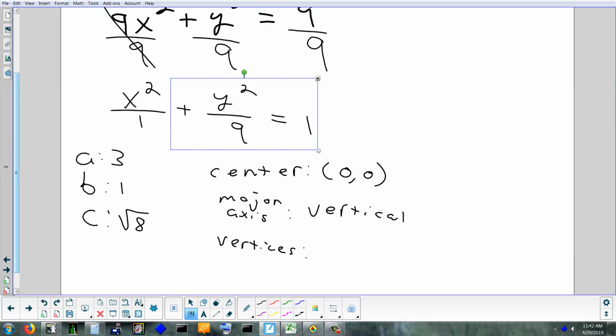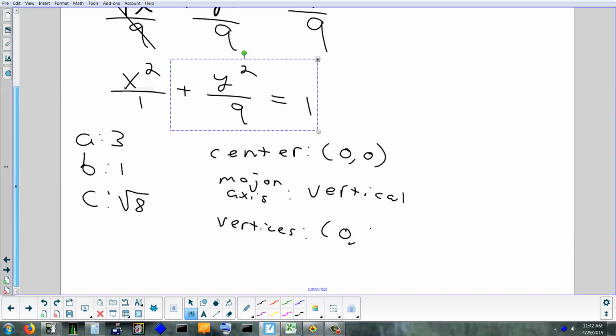From the origin, go 3 units. That would be left and right if the major axis was horizontal. Here it's up, positive 3, and then you go down. Yep. So up and down. So your vertices are 0, plus or minus 3. I just write them like that. If you want to write them separately, you can.